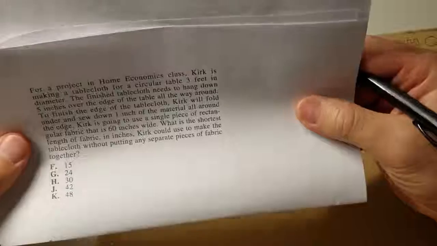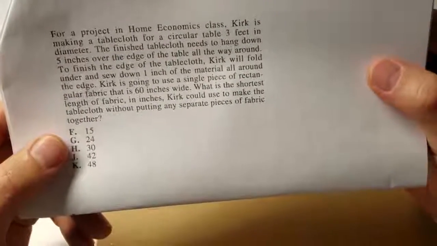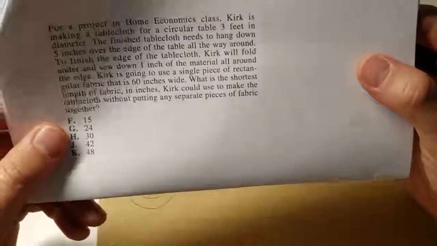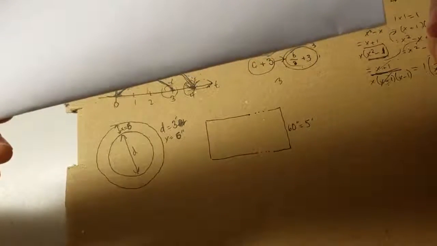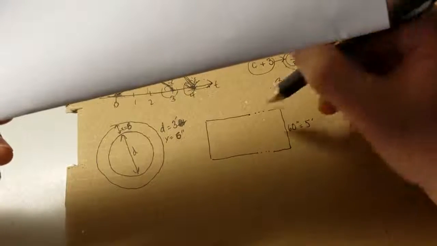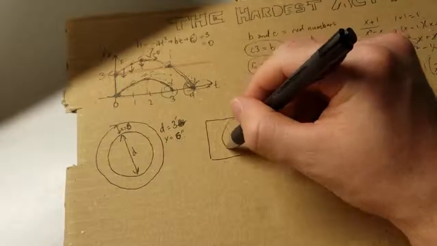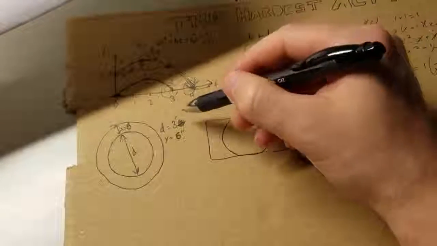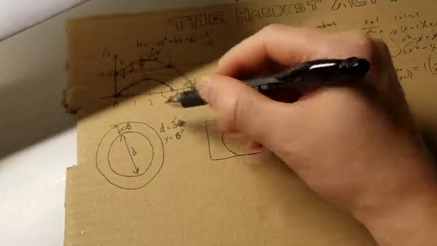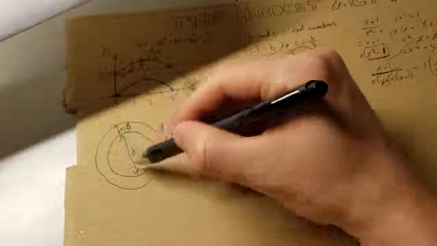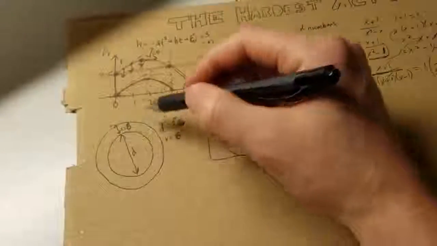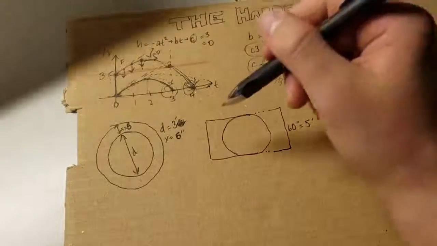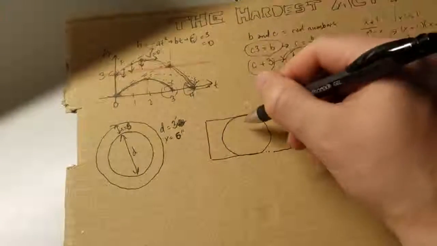And what is the shortest length? Yeah, basically you want to be able to inscribe a circle in there like that. And you want the circle to be 3 feet plus 6 inches all around, which is adding 6 inches to each side, which is a total of 4 feet.